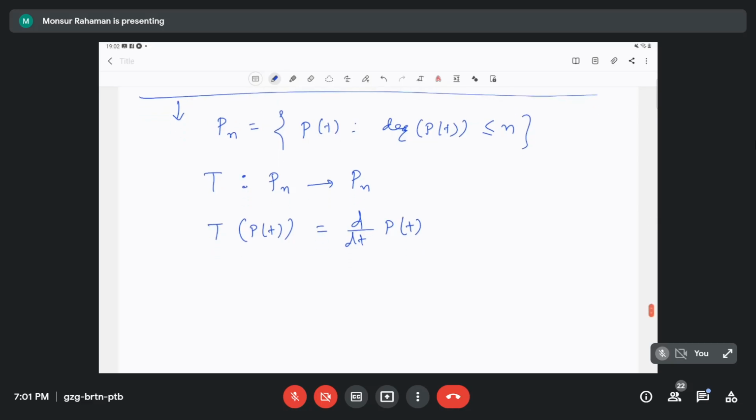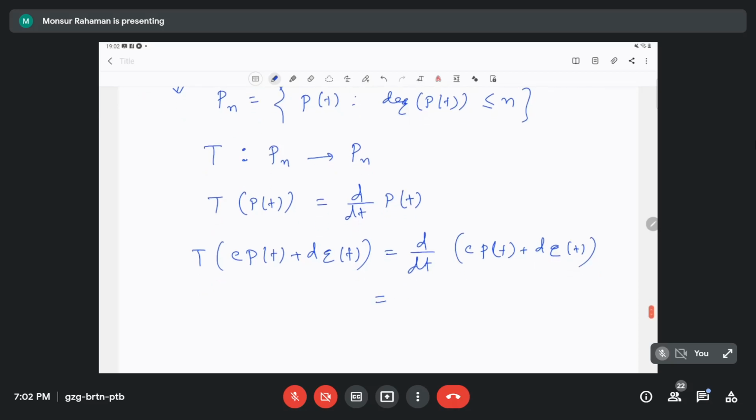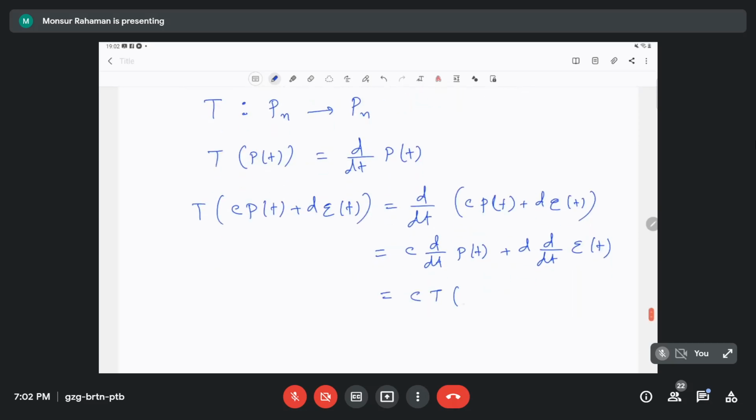Obviously it will follow the linearity rule because the derivative breaks in linear form: c p(t) plus d q(t). So this is all about the derivative. So this is a linear transformation also.